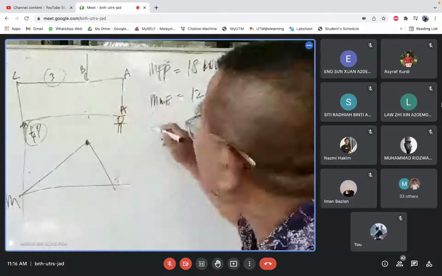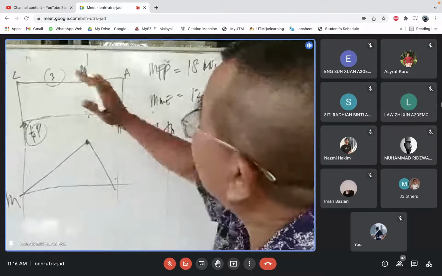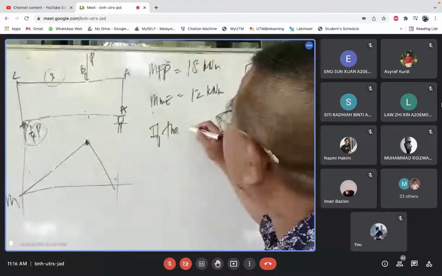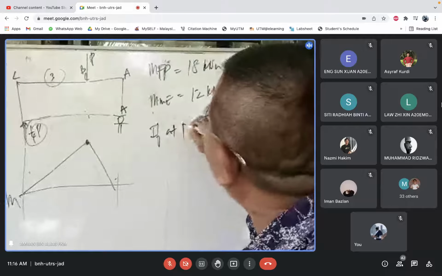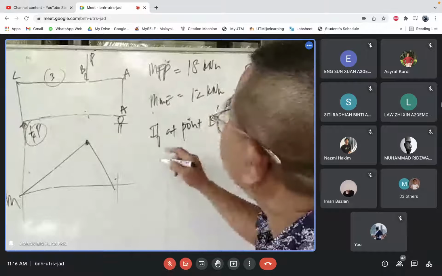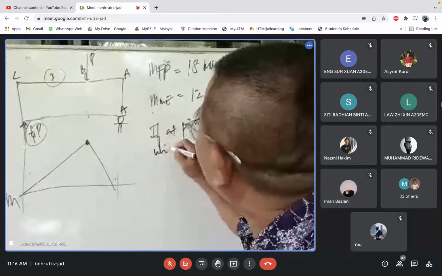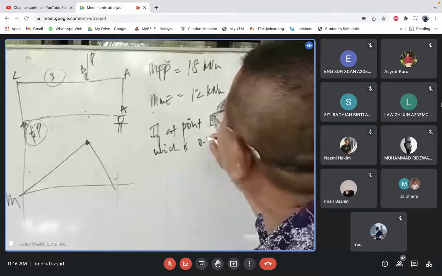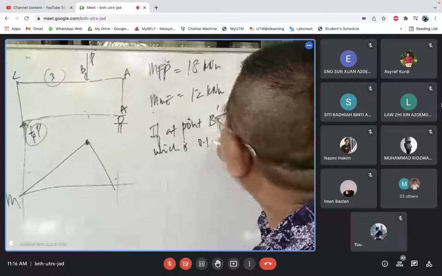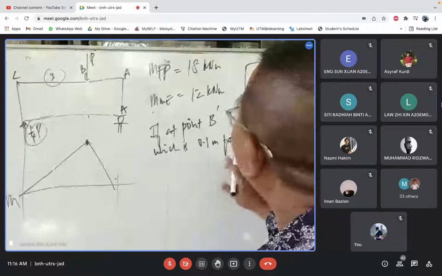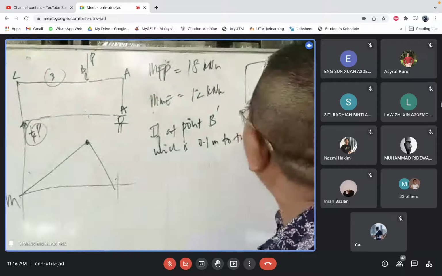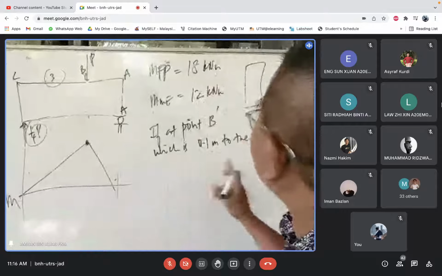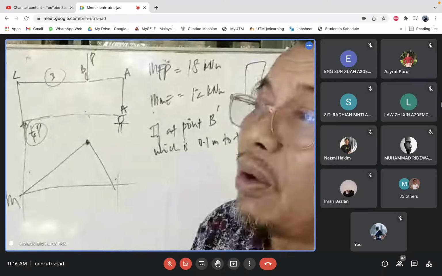The question says, if the loading is like that, if at point B dot somewhere there, which is 0.1 meter to the right of B. Point B dot is 0.1 meter to the right of B. What is the point?